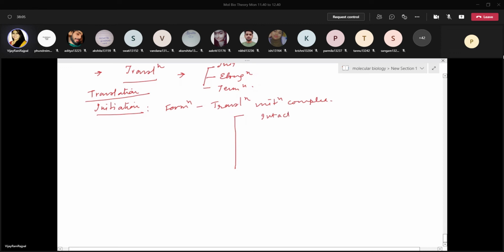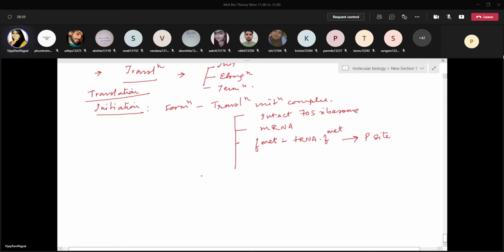Intact 70S ribosome. That means both the subunits should be there. Then an mRNA that is to be translated should be there. Then you should have an fMet, formylated methionine, carrying tRNA. fMet, formylated methionine, is the first amino acid to be transferred in prokaryotes, on the P site.